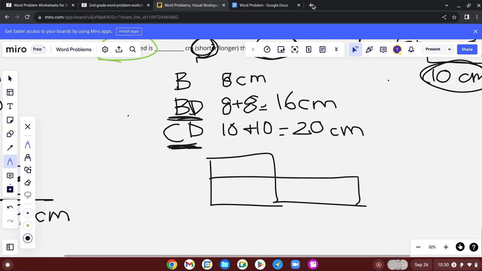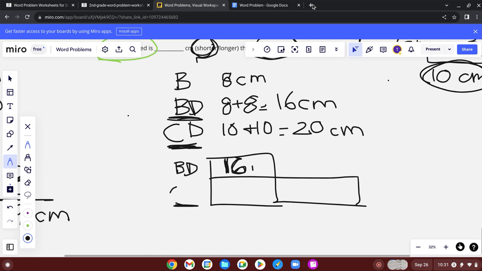So show me where I should write stuff. This one is 16. What line is it called? We have to label it first. B double. Yes, B double, BD. So what do I label down here?